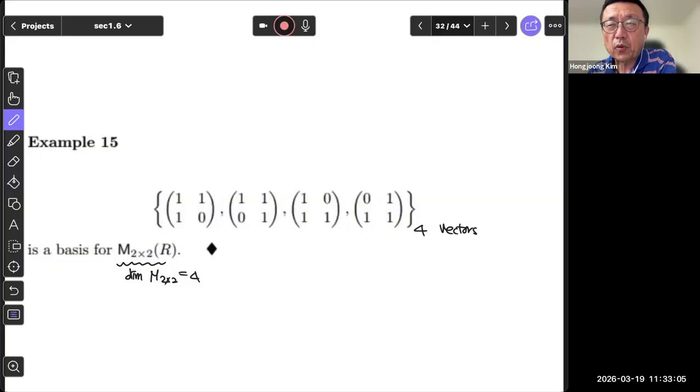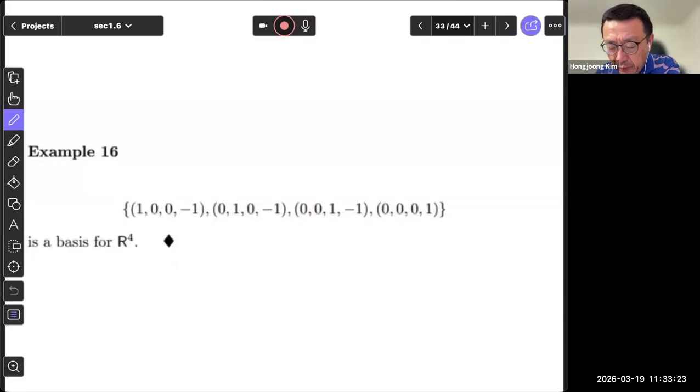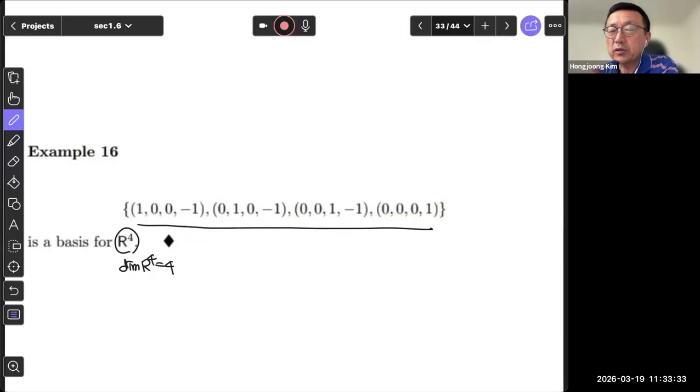You need to show that these 4 vectors will generate an arbitrary 2 by 2 matrix in M sub 2 by 2, or you show that these 4 matrices are linearly independent. And I have R4 space and I know that its dimension is 4. So in a similar way, you can show that these 4 vectors will generate an arbitrary vector in R4 space, or you can show that they are linearly independent.